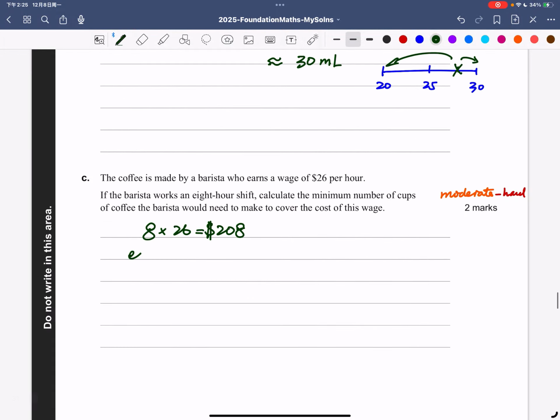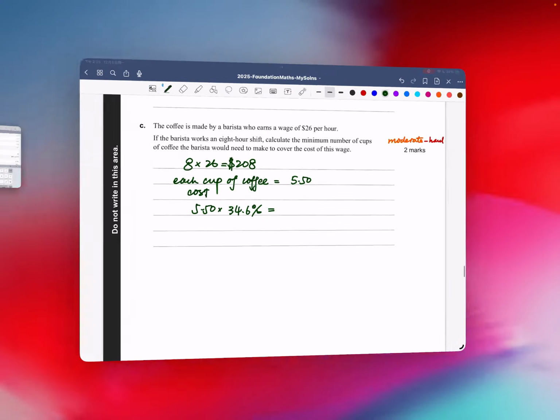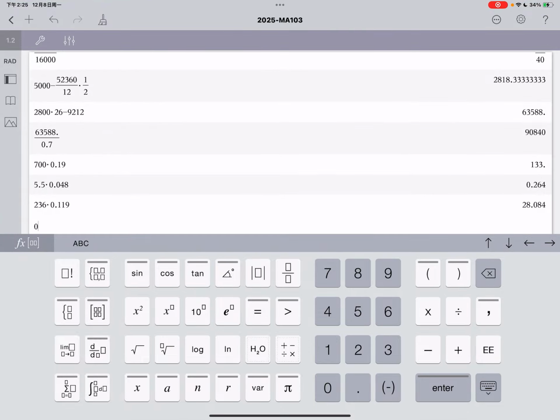So each cup of coffee is $5.50, and in each cup of coffee, the cost is $5.50 times 34.6%. So let's figure out how much money within each cup goes to the barista. 0.346 multiplied by 550.